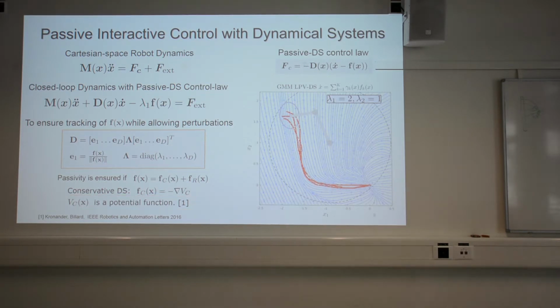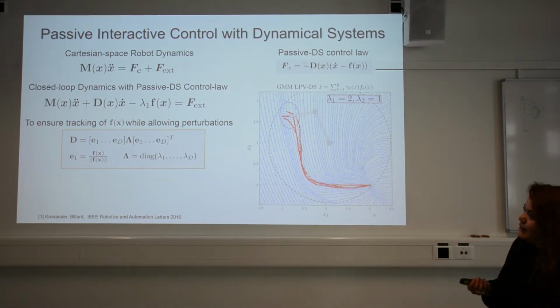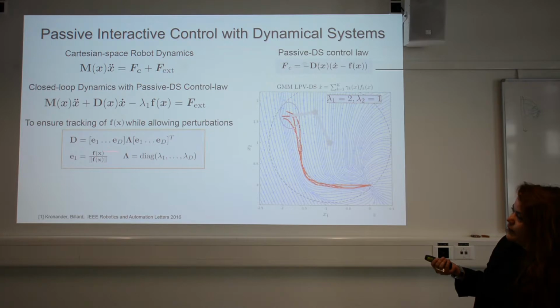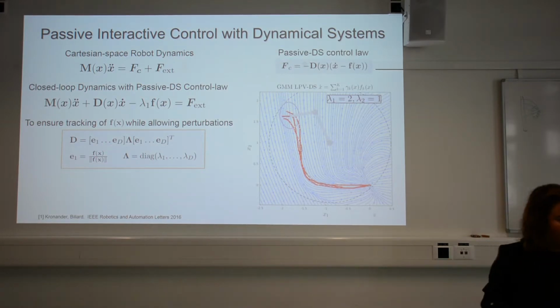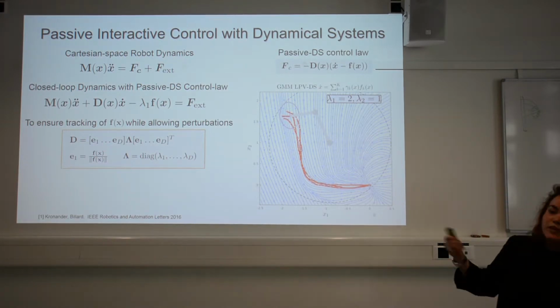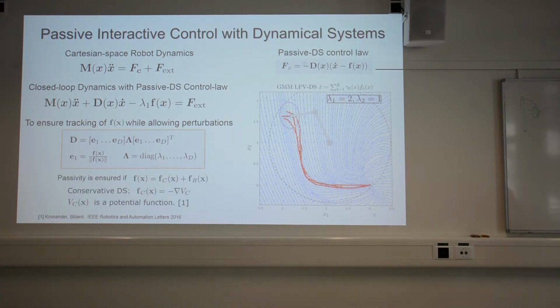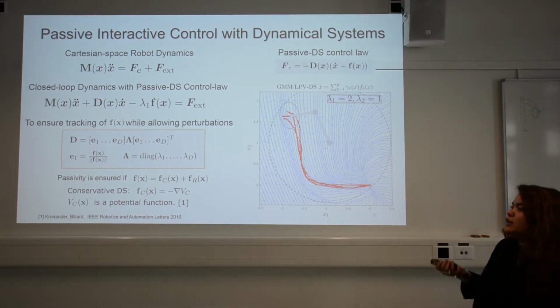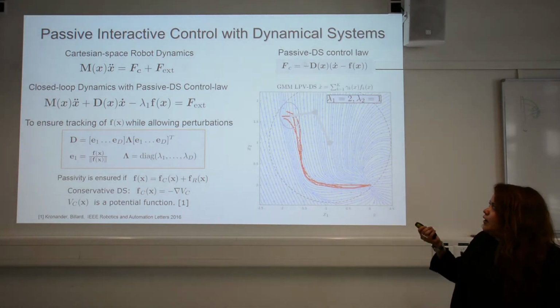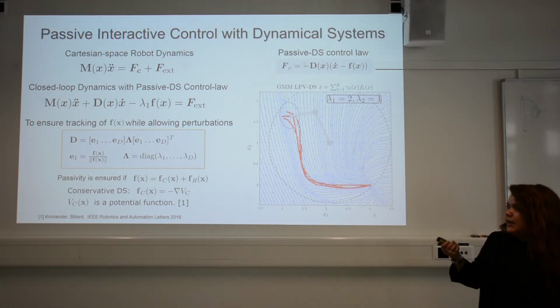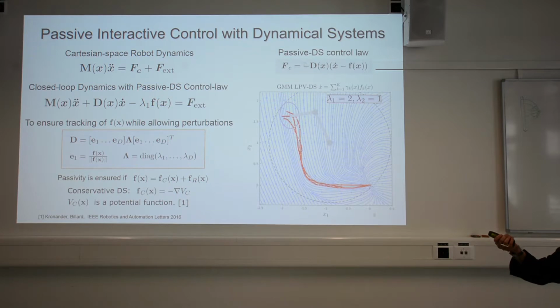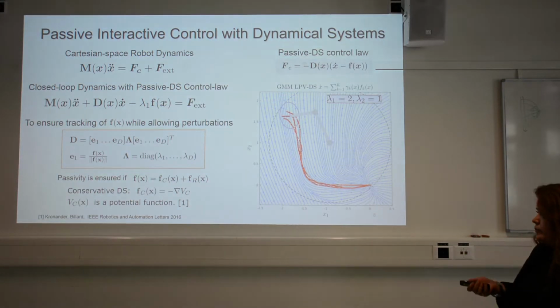The main idea is that this construction of the damping matrix allows us to dissipate energy in the orthogonal directions of the dynamical system. Another really nice property of this controller is that it offers passivity. One of the conditions for passivity is that the dynamical system we're using has a conservative and a non-conservative term.